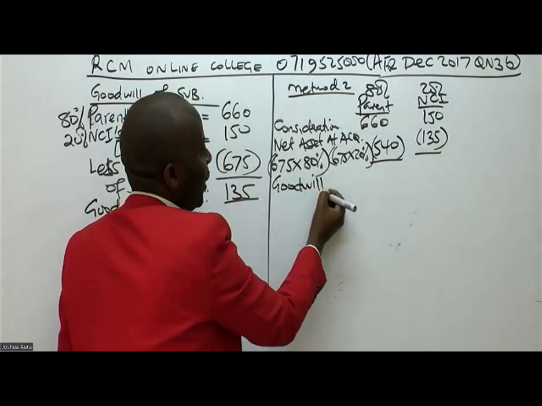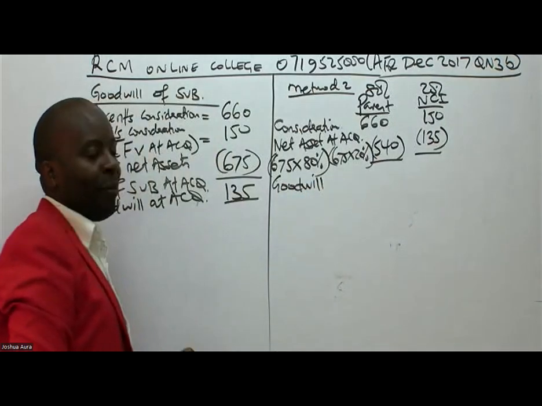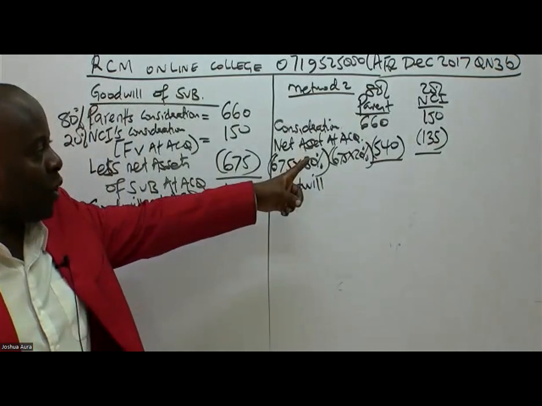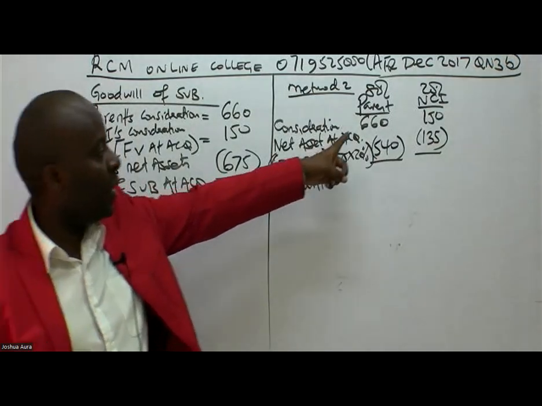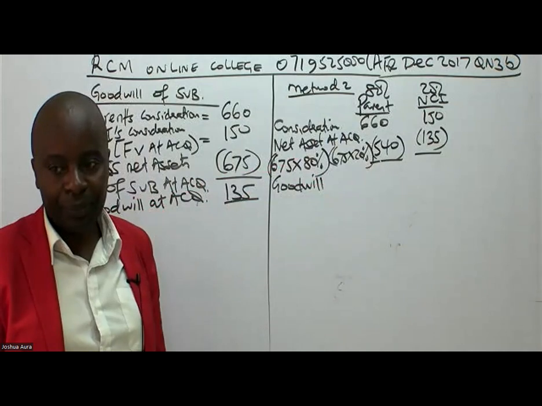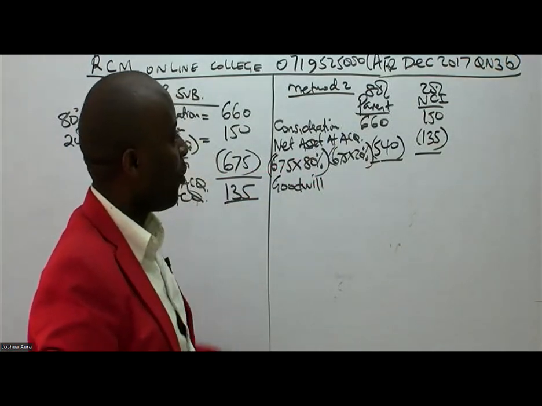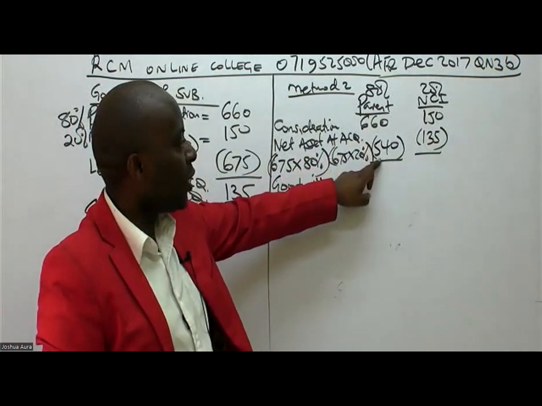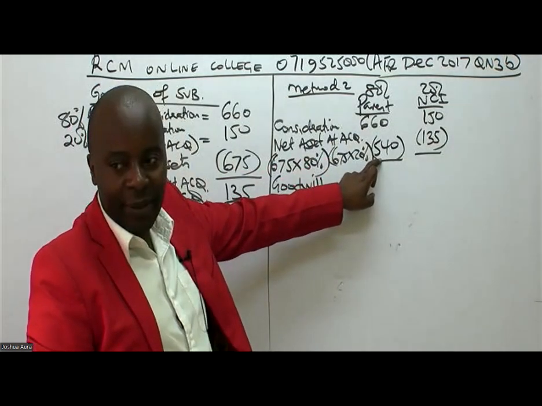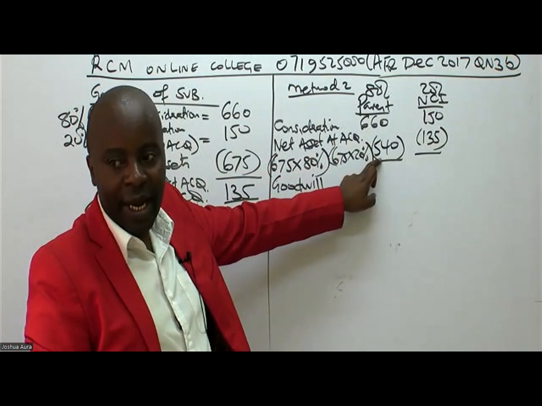So if you do that, you'll be able to give us the goodwill for the parent. Goodwill for the parent, I'll take the consideration minus this: 660 minus 540.